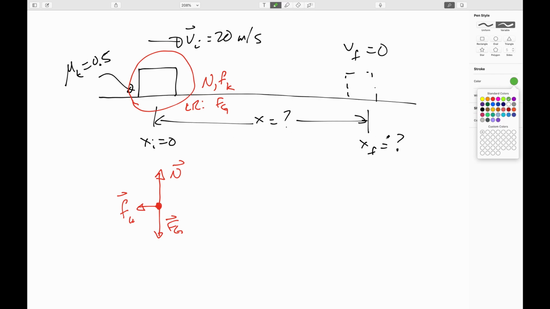We've already tacitly put the x direction to the right, so it's probably better if we just do it like that. So we'll say that this is the plus x direction, that's the plus y direction.